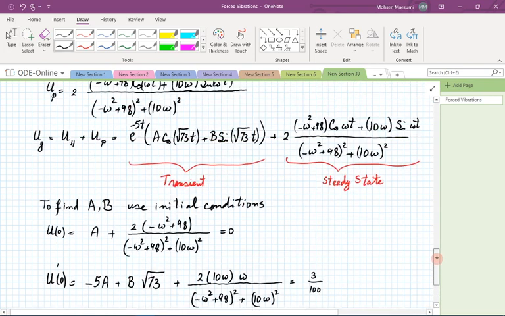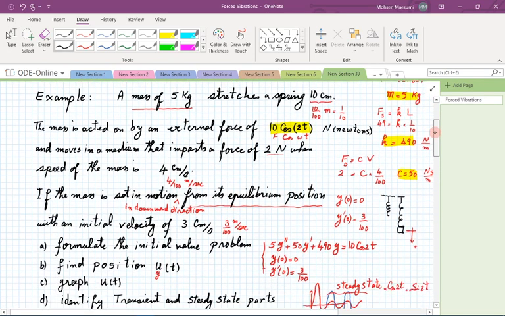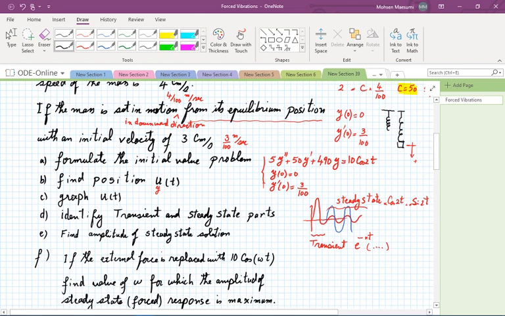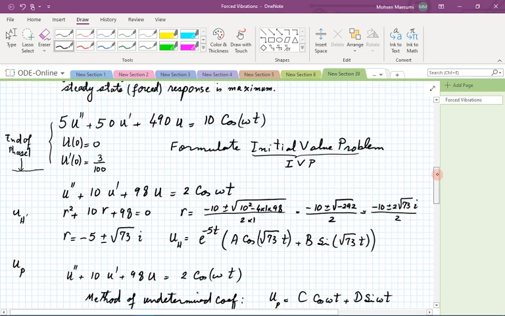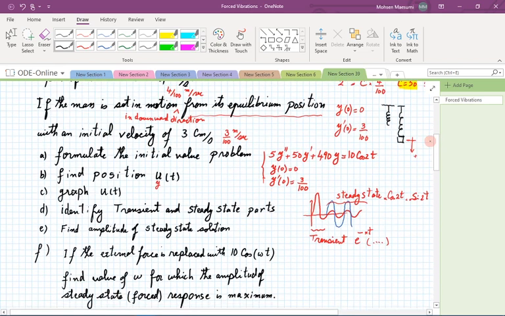let's see. Back up there, see what was our plan. We formulate the initial value problem, we did. Find the position. Well, that's what we just did. After all that work, this is the position of the particle or the mass. Next, graph this.